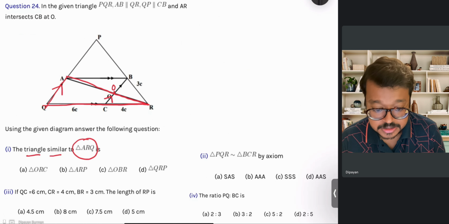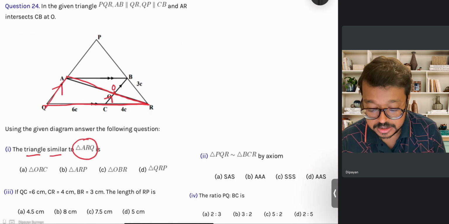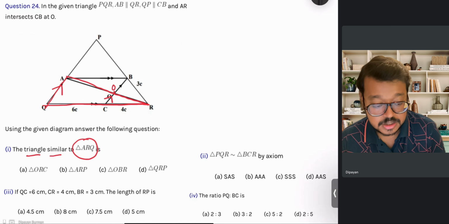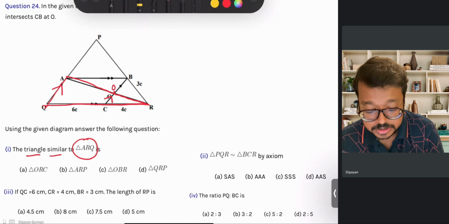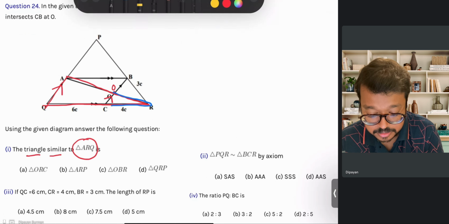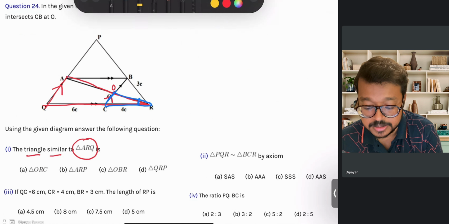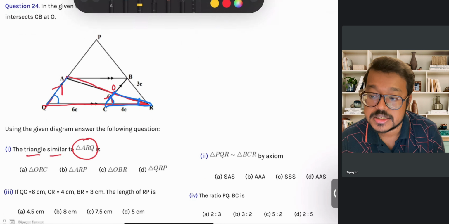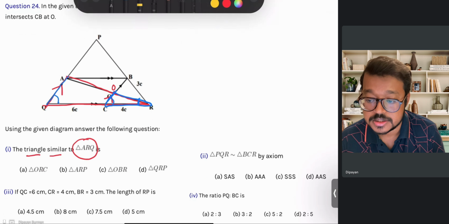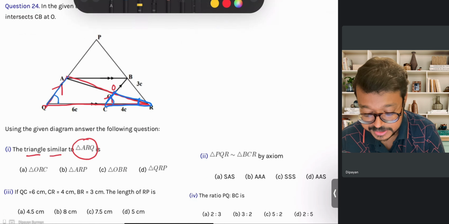Then I can easily say that ARQ will be similar to ORC, because ORC is the smaller triangle here. In ORC, angle R is the common angle, and because OC is parallel to AQ, I can take one of these pairs of angles as corresponding angles. So ARQ is similar to ORC.